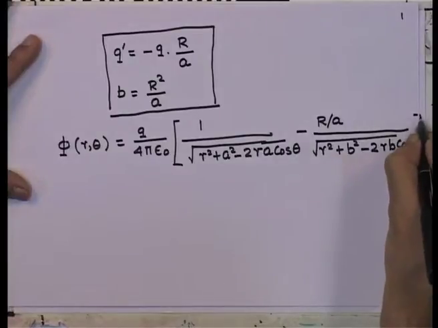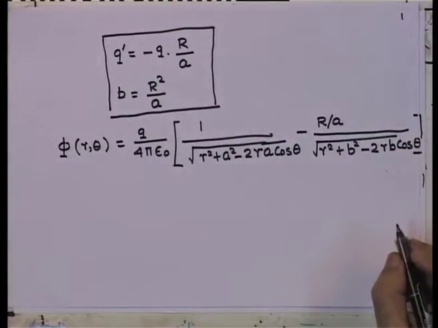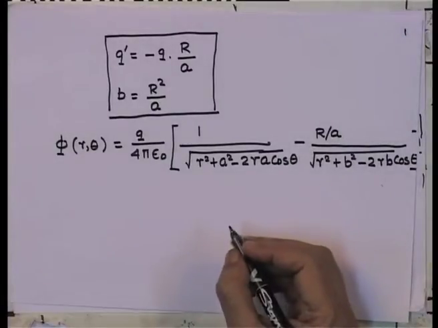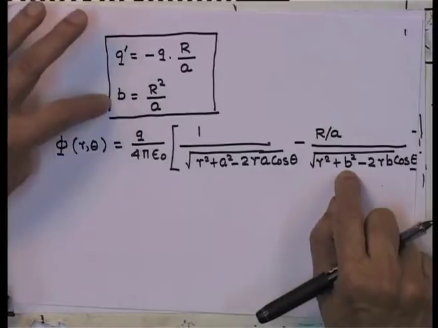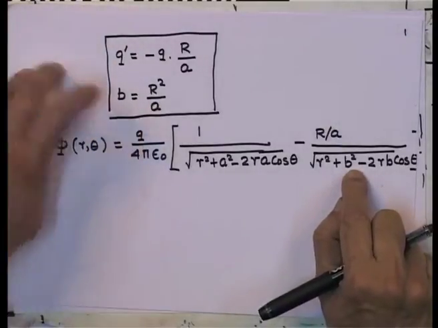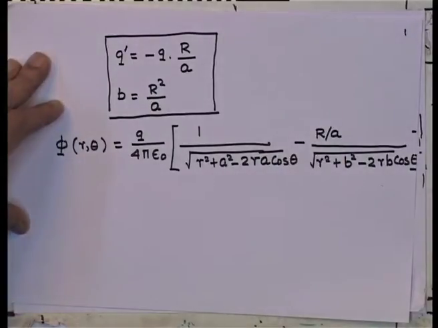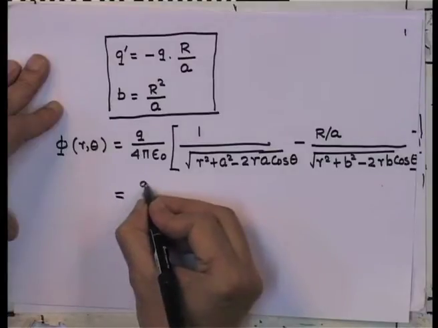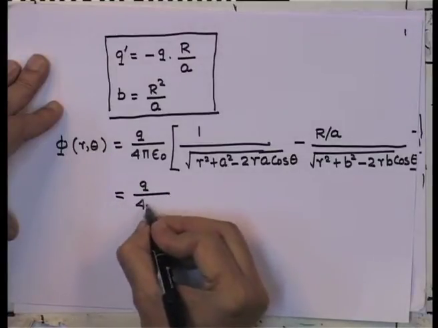This is the expression for the potential at any arbitrary position, and we can simply rewrite it by using these relationships. b is equal to R square by a, q prime I have already written down, and that gets me a bit of algebra. I have q by 4 pi epsilon 0.